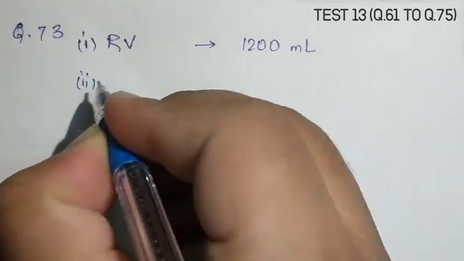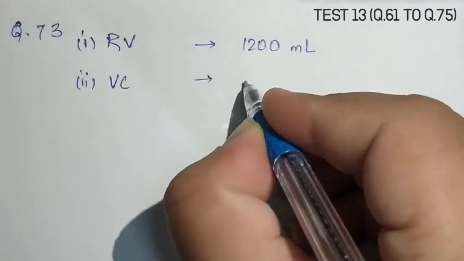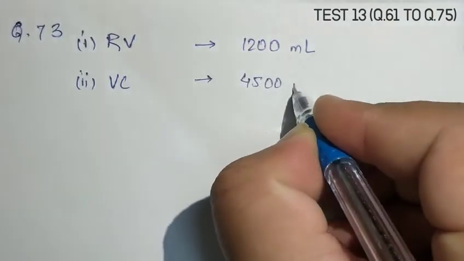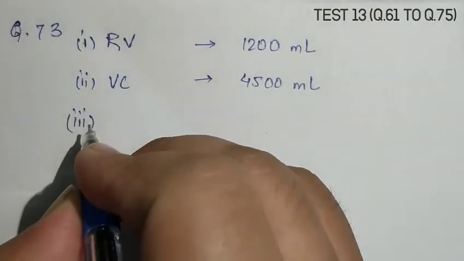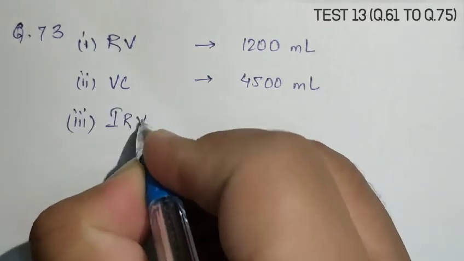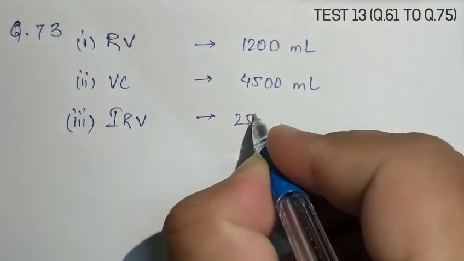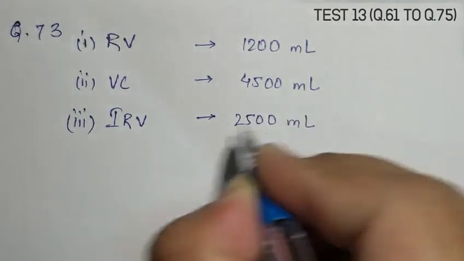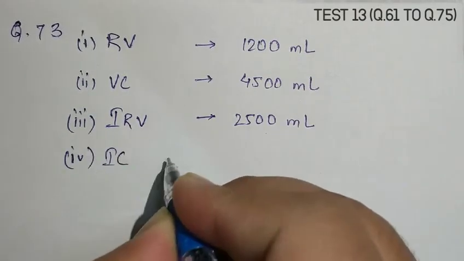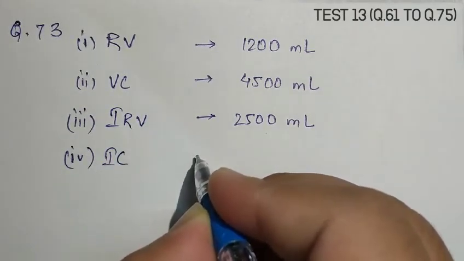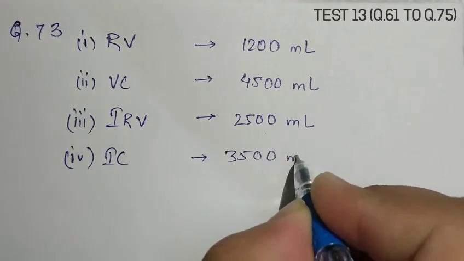Second, vital capacity. Normal vital capacity is 4500 ml. Third, inspiratory reserve volume. Normal inspiratory reserve volume is 2500 ml. Fourth, inspiratory capacity. Normal inspiratory capacity is 3500 ml.